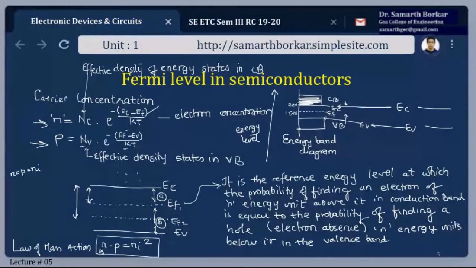Then we are taking the minus of EC minus EF1, so this minus of EC minus EF1 will be smaller for the second case compared to the first case. Clear? So these are the two cases, case 1 and case 2.